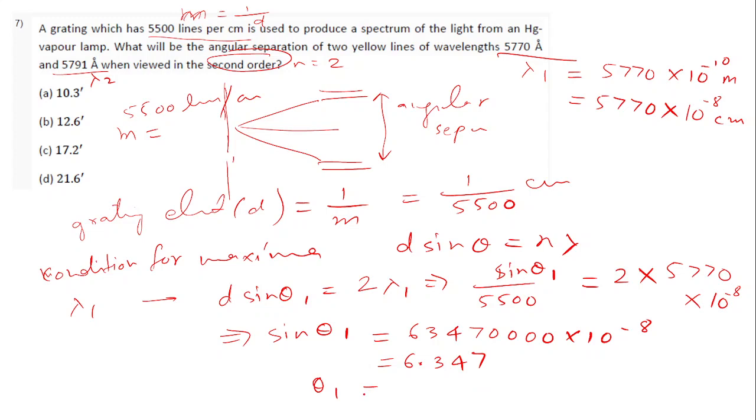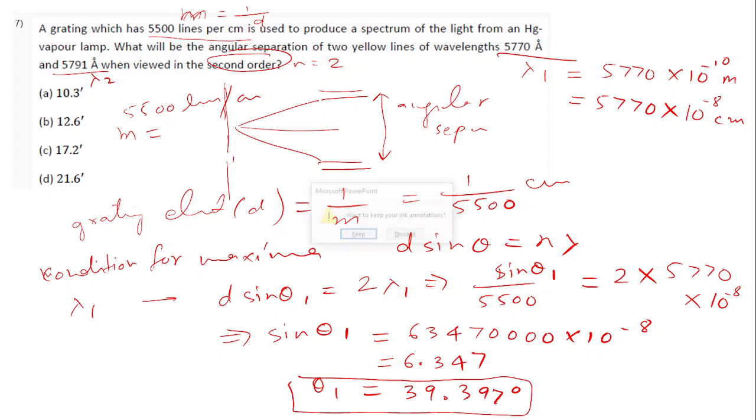So theta 1 will be sine inverse of this, which will give us 39.397 degrees. This you can calculate from a calculator. So this theta 1 we got for 5770 angstrom wavelength.